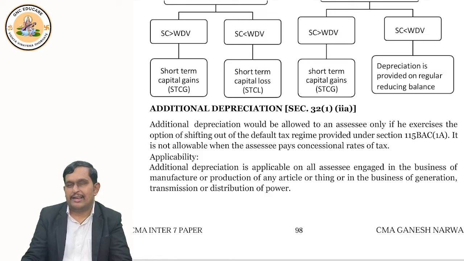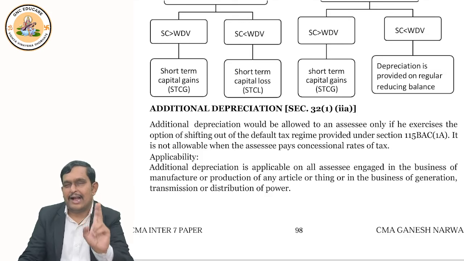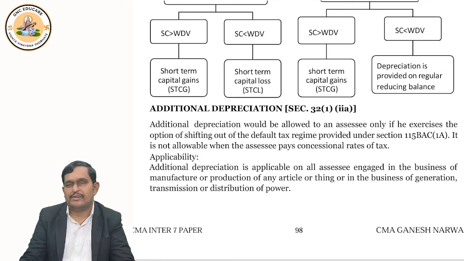So this comparison you should be able to make. Okay. So in optional, you will get deduction for both normal and additional. And in default, only normal is deductible, additional no deduction. In 115BAC, normal is deductible, additional no deduction. Okay, first point clear to all of you. Now, under optional, we can claim deduction of additional depreciation, correct?